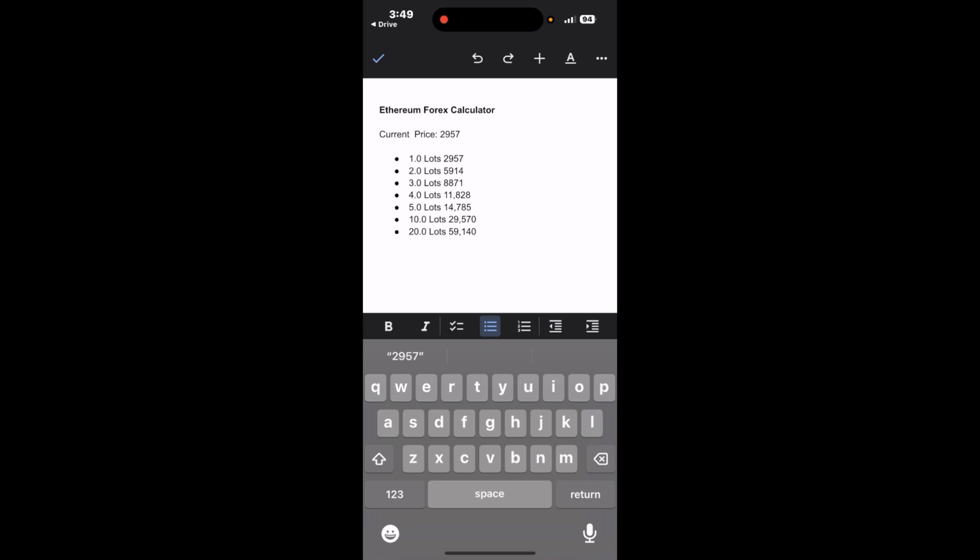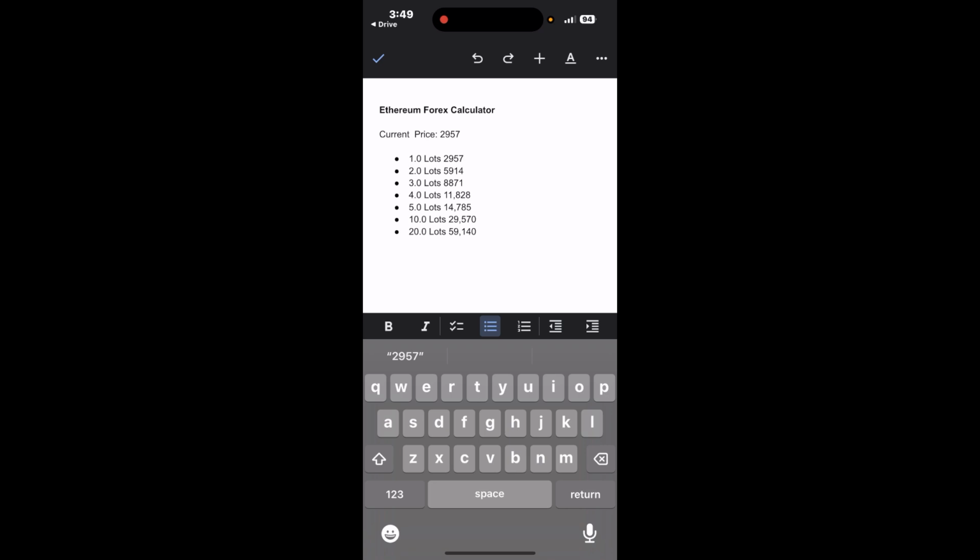Then a 2x, which is a 200x I believe, at the price of 2 Ethereum. So whatever the current price of Ethereum is, 2x it to have good risk management.